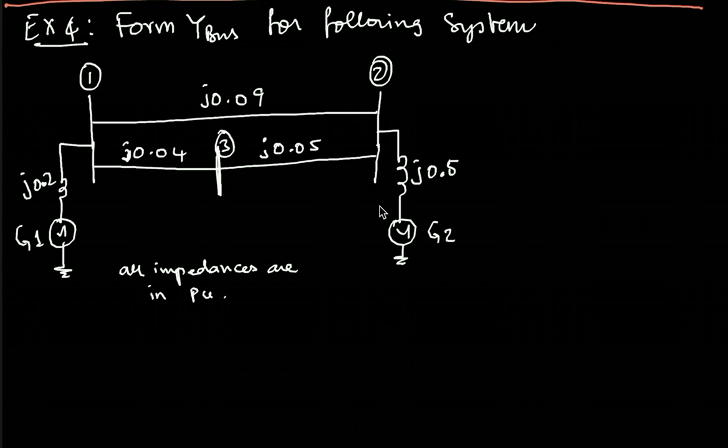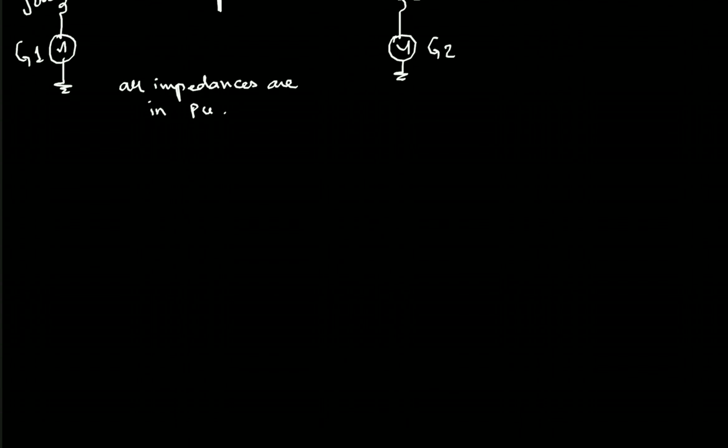So what you have to do is simply convert the generator into a Norton's equivalent. So what is Norton's equivalent?